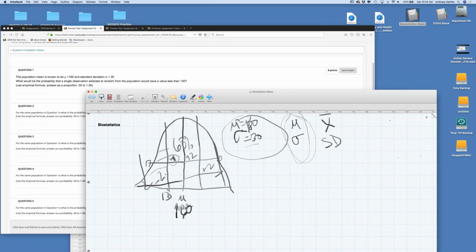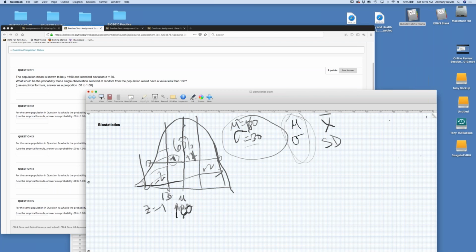That's represented by the area below 130, or in other words, below what we call a z-score of -1. We also give the number of standard deviations. We call that the z-score. That's a z-score of -1 below the mean. So we're looking for this area down here. Well, 68% is this middle area, one standard deviation below to above, right?